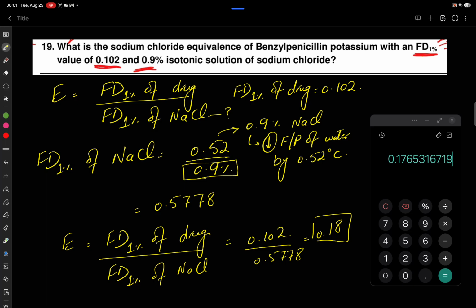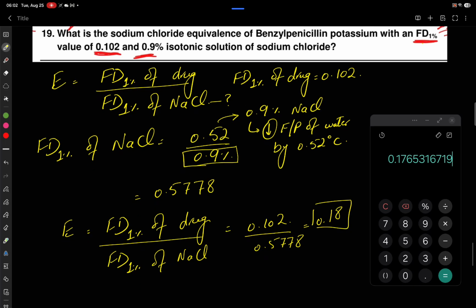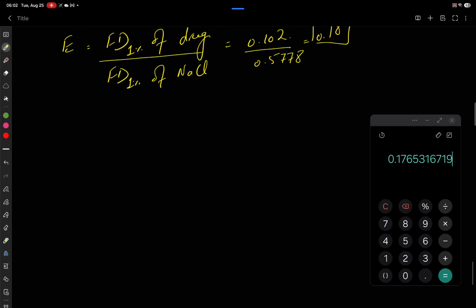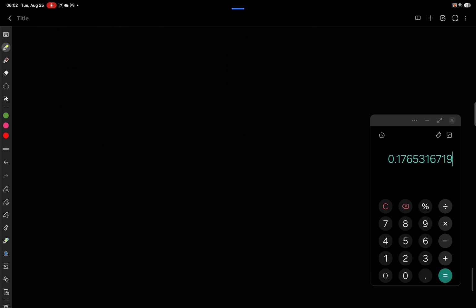Now let's understand the practical application of this E value. Say for example, there is a prescription to make 100 ml of isotonic solution of benzylpenicillin potassium containing 2 grams.